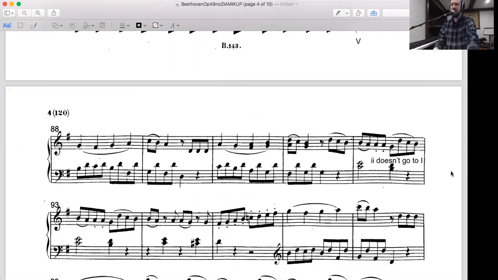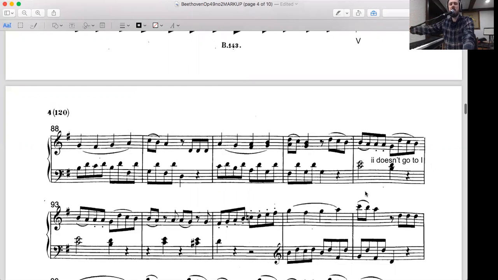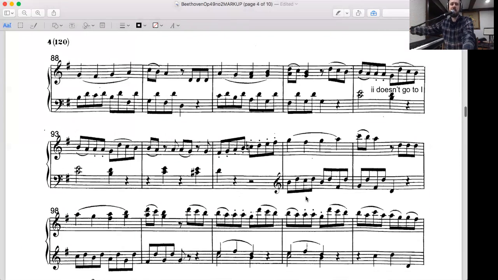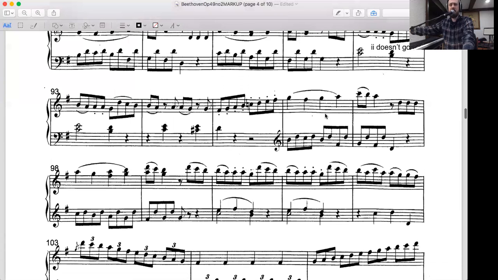Now, this 2 to 1 thing actually happens a lot in Beethoven, which is kind of why I want to point it out. So if we keep going on here, find that Beethoven is really stuck on this. He's doing this octave thing. He does the same theme up an octave. And here we go. We get this 2 to 1 again. But look what Beethoven does.